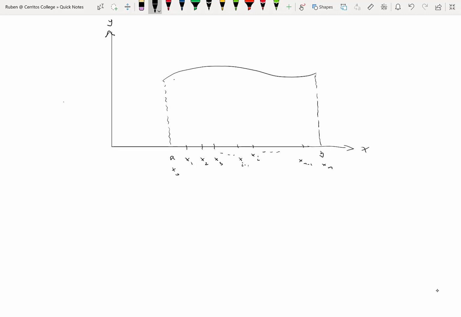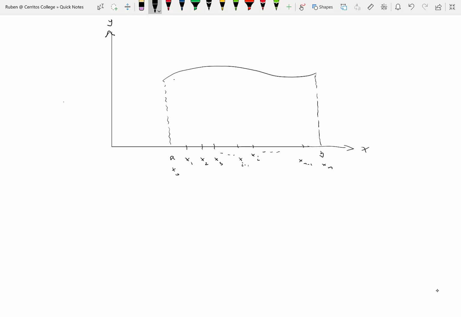Okay, so the first method that I'd like to bring up is one that's very commonly brought up in Calc 1, and that's called a right endpoint approximation. What we do is imagine that we select those starred x values as the right endpoint of each of the subintervals.